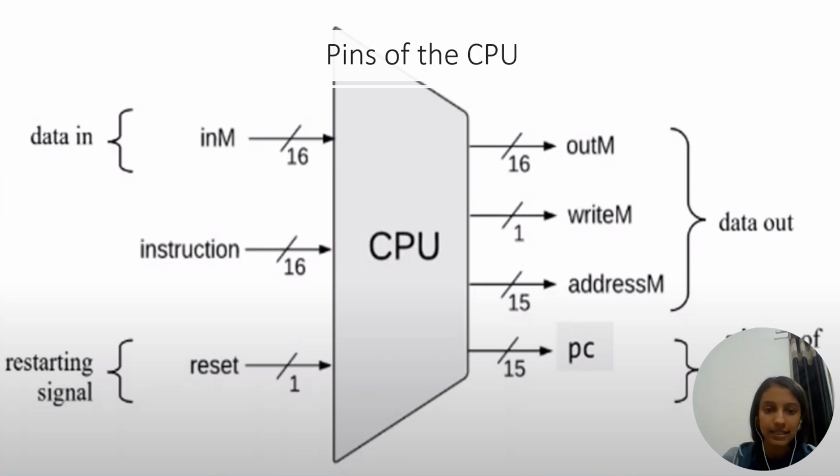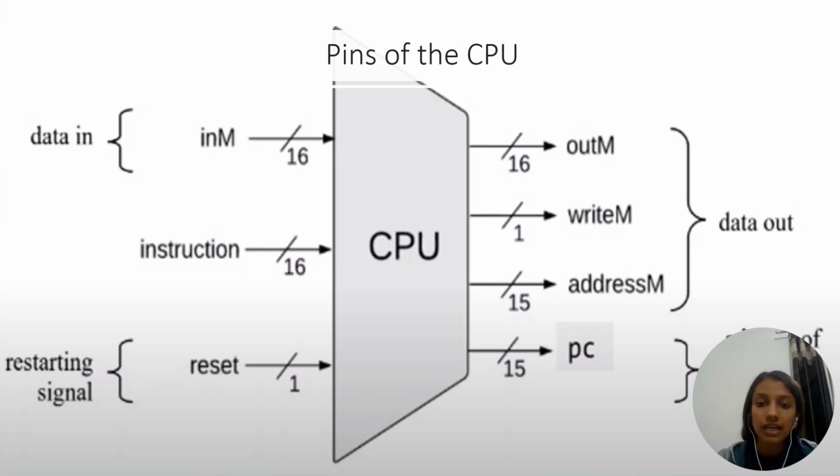Let's talk about the input pins of the CPU. Here we can see inM and instruction are 16 bits, but reset is 1 bit because it is used to restart the operation currently running on the CPU. If it is 0, then it will continue the currently running operations. Here we have outM, writeM, addressM and PC. OutM is the output of the ALU which is to be stored.